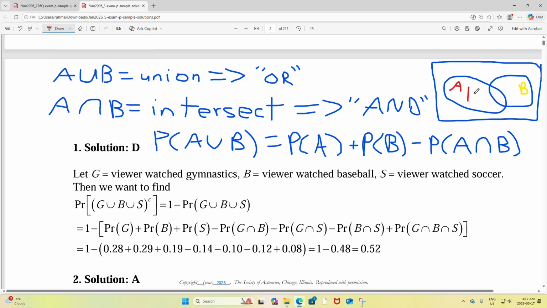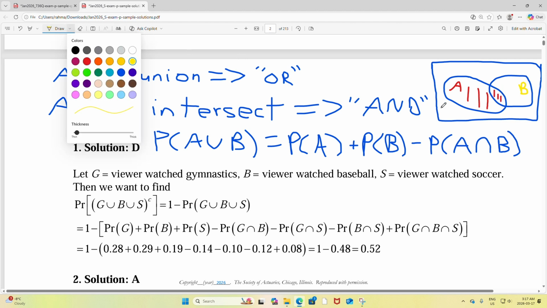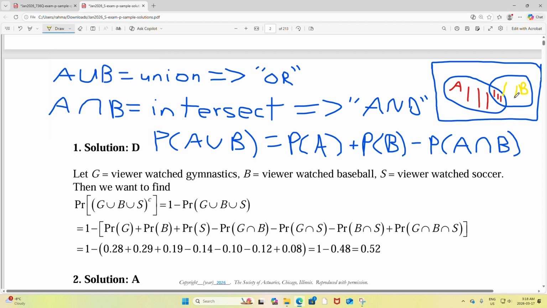Just change this to red. So this section here plus this section here, and then we need this section here, which is also going to be yellow and red, if you will. So to get this, we just want to sum up these three parts.